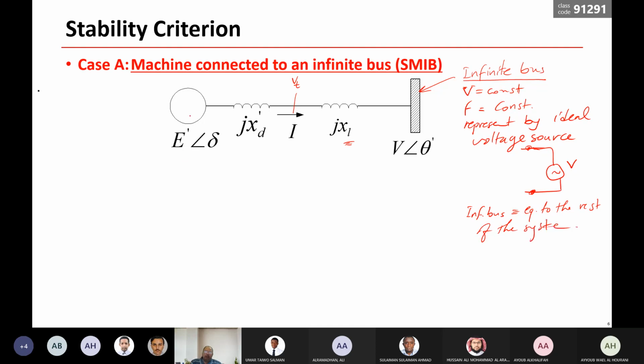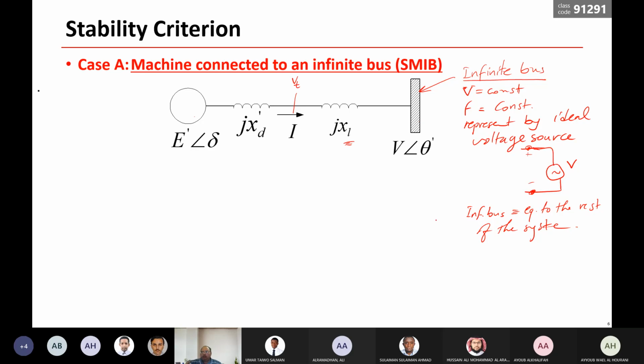This is one machine, and the rest of the system, which is very huge compared to a single machine, is represented here as the infinite bus. The infinite bus is the ideal voltage source, so there is no internal impedance, and the voltage here is constant.